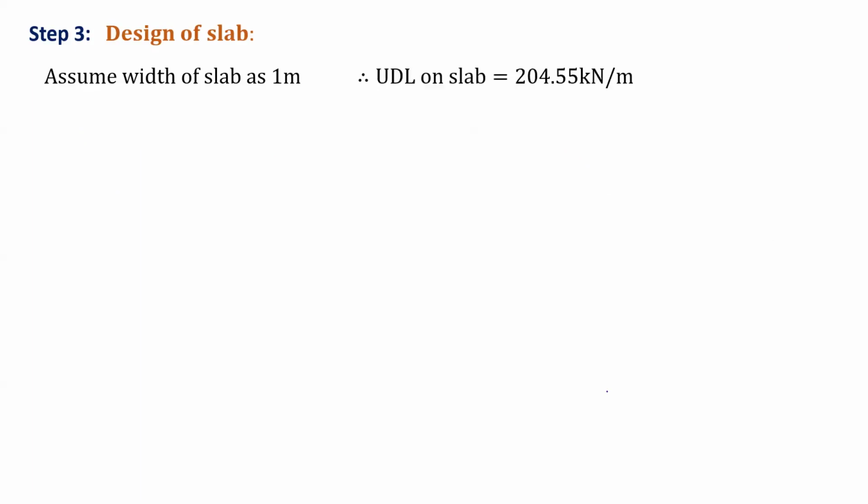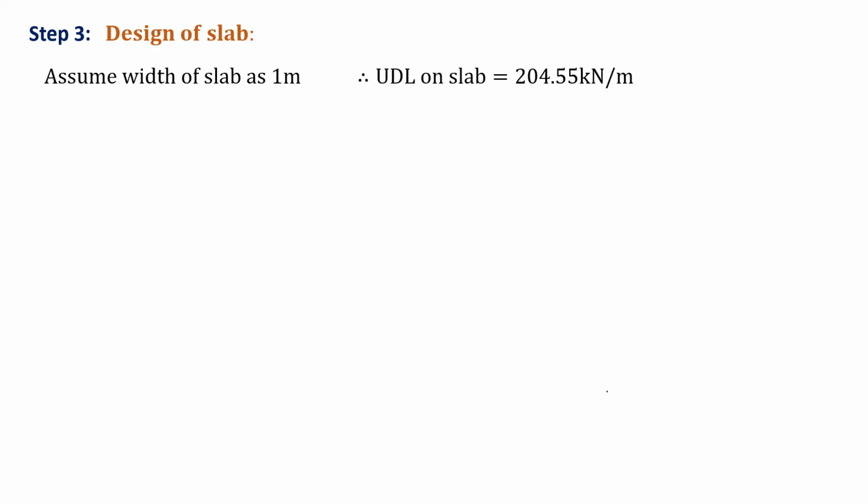Now we will first design the slab, and we have already seen we have to design it for the transverse load. Now as we have a slab, let us consider the width of slab as 1 meter, and as we are considering 1 meter, we have to find the spacing of reinforcement. If you consider the width of slab, then you have to find the number of bars. And if you assume a width of 1 meter, then you have to find spacing.